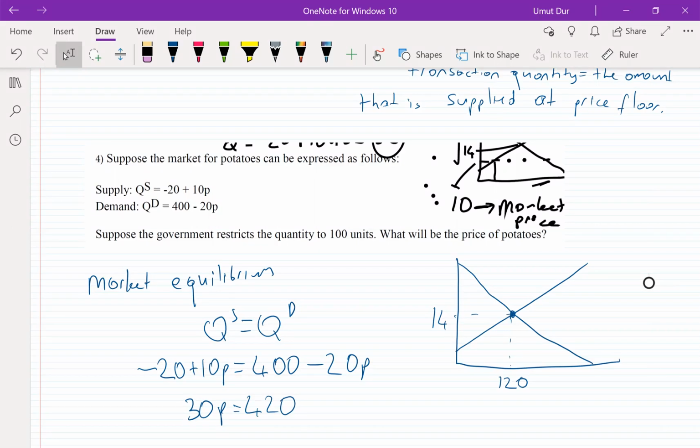So I know that the market quantity cannot exceed 100. This is the point, 100. It cannot exceed it.